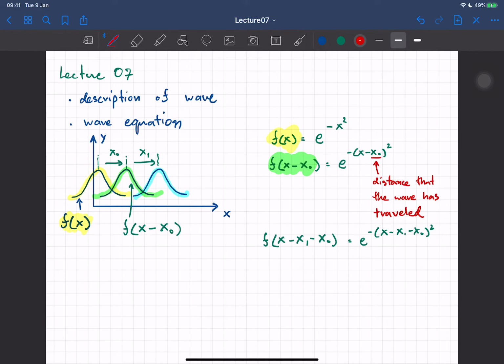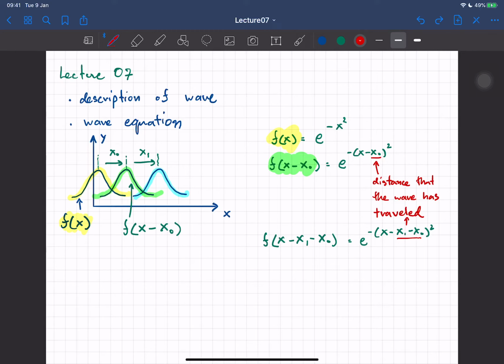Okay, so again, this thing here, the one you subtract, is the same thing as before, which is the distance that the wave has traveled. And if the wave is traveling to the left instead of to the right, what you do is you just flip the sign here. So instead of minus, it becomes plus. So that's probably the counterintuitive thing: when you go to the right, it feels like you increase x, so x just increases, but actually you have to subtract from x.